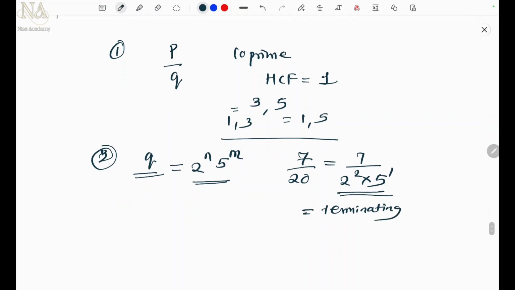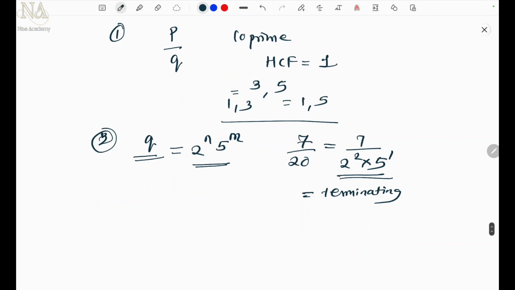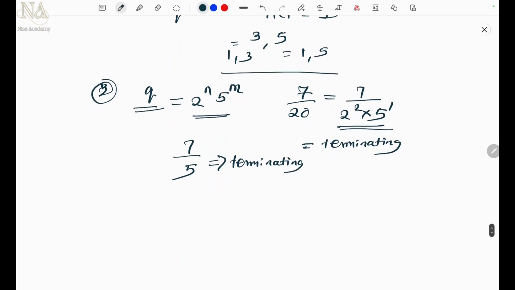Now suppose I take another number, 7 upon 5. Yes, it also has a terminating decimal expansion. Or 5 by 8. Can I write this as 5 upon 2 cube?